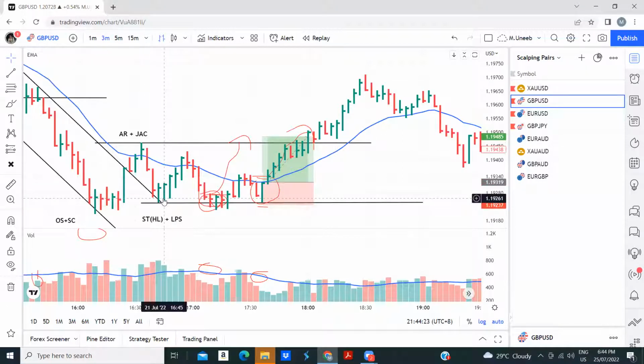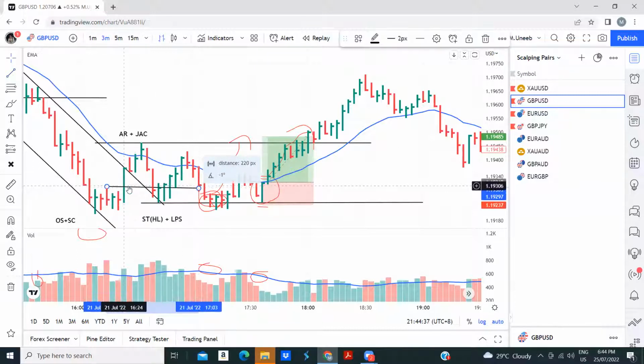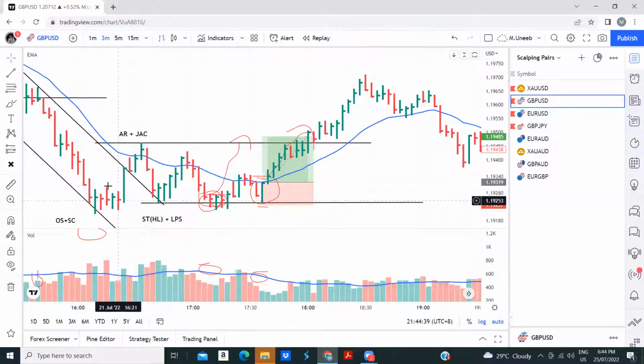Yes, we should not be trading this LPS, we should wait after the test. Because sometimes, if the AR comes right over here, then it should be fine. But we did not have this test. We have this oversold, price turned back and went all the way up. Sometimes the AR comes within the channel.